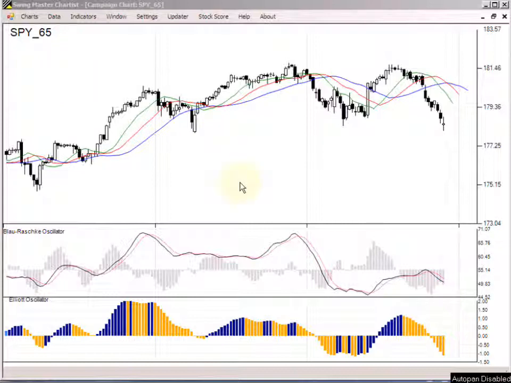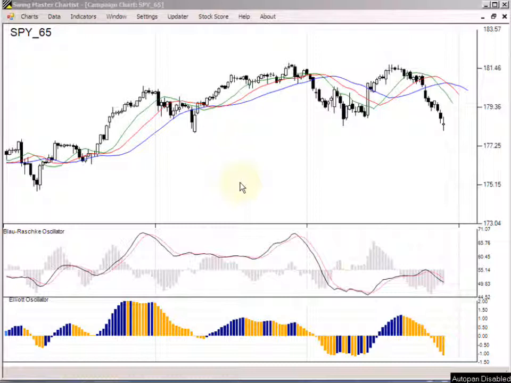One is this is a campaign chart of the SPY 65, and I've put up the Blau-Raschke oscillator, and the Elliott oscillator pops up automatically.